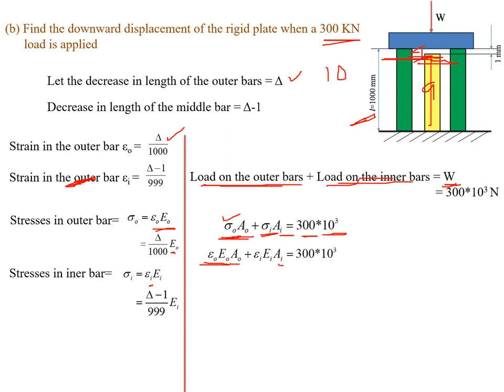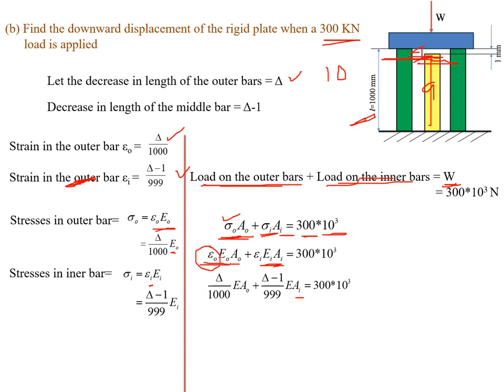We know the strain for the outer bar is delta by 1000, so delta by 1000 into E into A naught, the cross section area of the outer bar, plus the strain in the inner bar, delta minus 1 divided by 999, into Young's modulus into the cross sectional area of the inner bar, equals 300 into 10 cube.